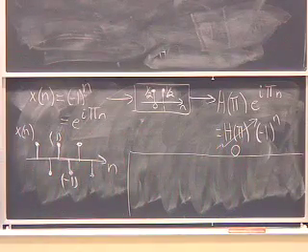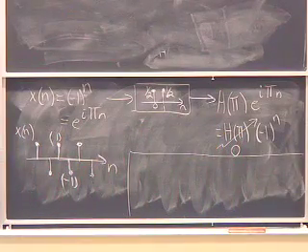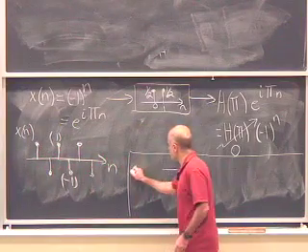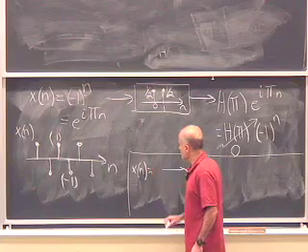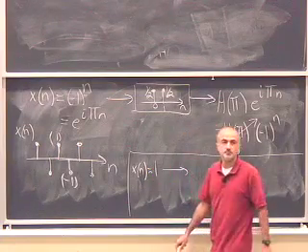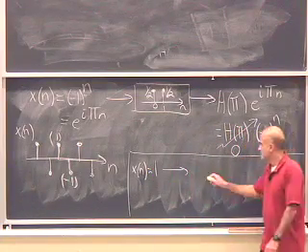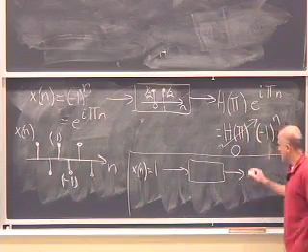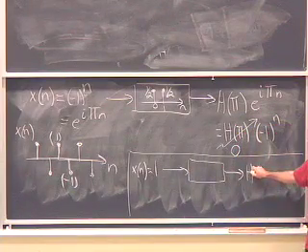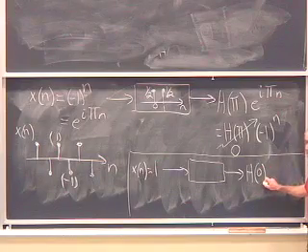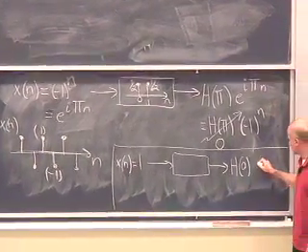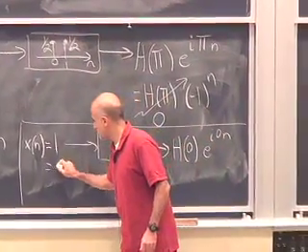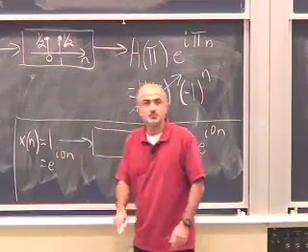Okay, now what happens to the constant signal? What happens if you send in the signal x of n equals, let's say, 1? What do you get? H of 0 times 1, which is e to the I 0 n.